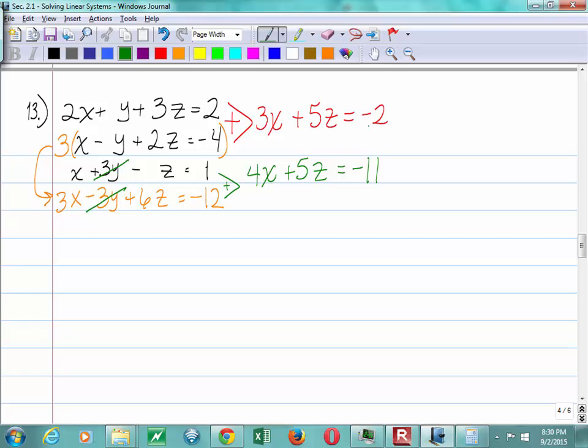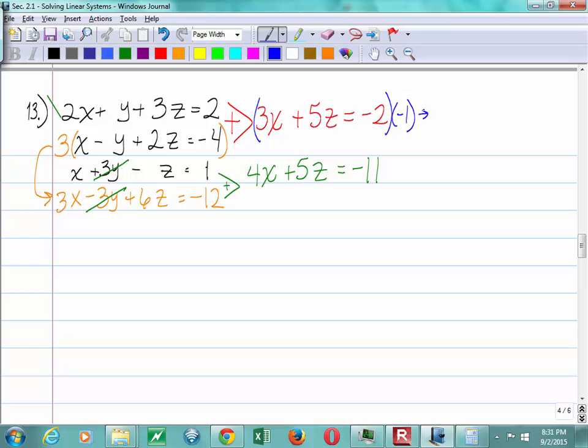Okay, so now I'm looking at the red equation and the green equation, and this is now my new smaller problem that I'm going to solve. And I see that both of them have a 5z, so that means if I just multiply one of them times negative 1, I'll get a negative 5z to cancel out with the positive 5z. So I'm going to multiply the red equation, which is now the first out of these 2 equations, by negative 1.